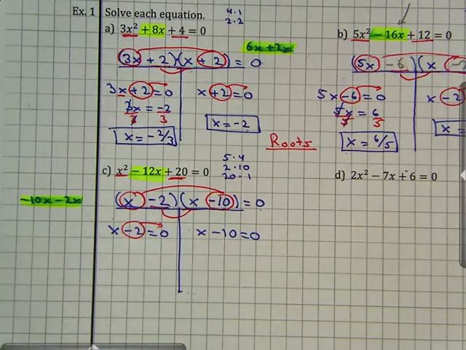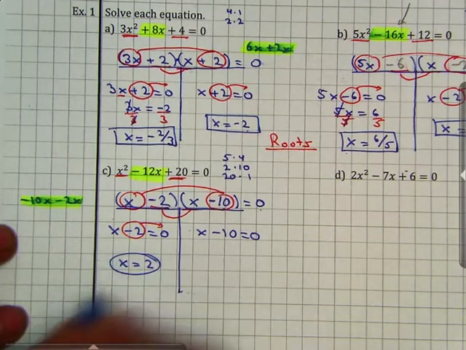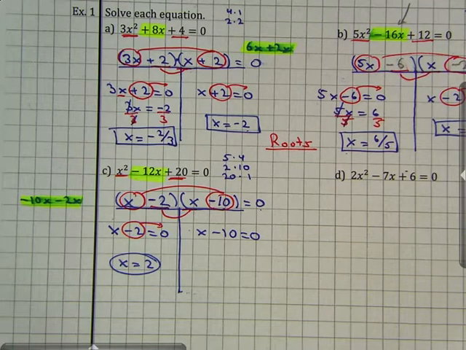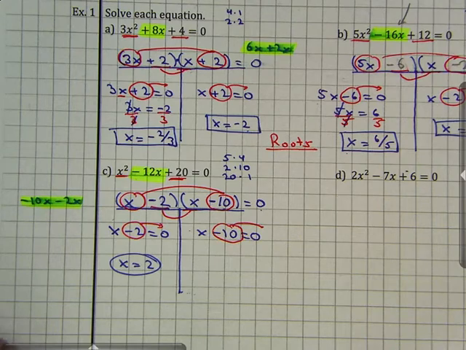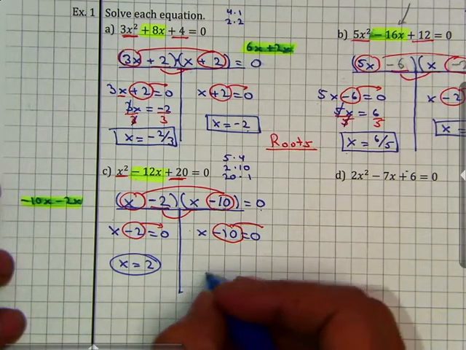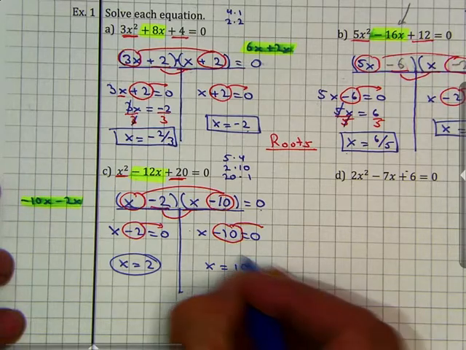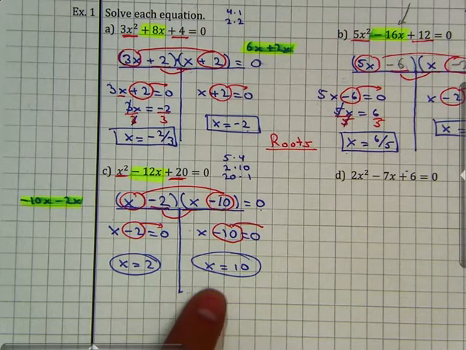It's a negative 2, becomes a positive 2. That's my first solution. That is my first root. I'm going to move my negative 10 to the right. It's a negative, becomes a positive. So therefore I have x equal to 10. And that'll be my second solution.